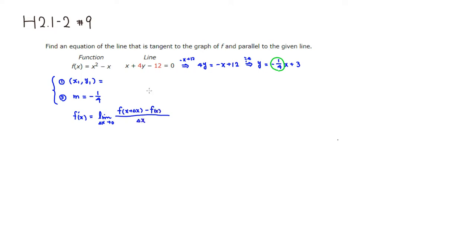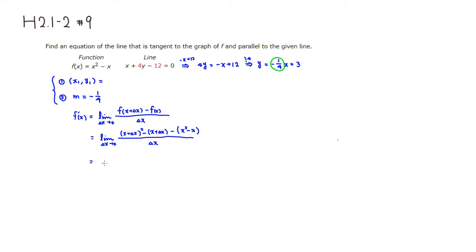This is just the definition. To find f of x plus delta x, we just replace x by x plus delta x. So we're going to get x plus delta x squared minus x plus delta x, minus f of x, which is x squared minus x, and divided by delta x.